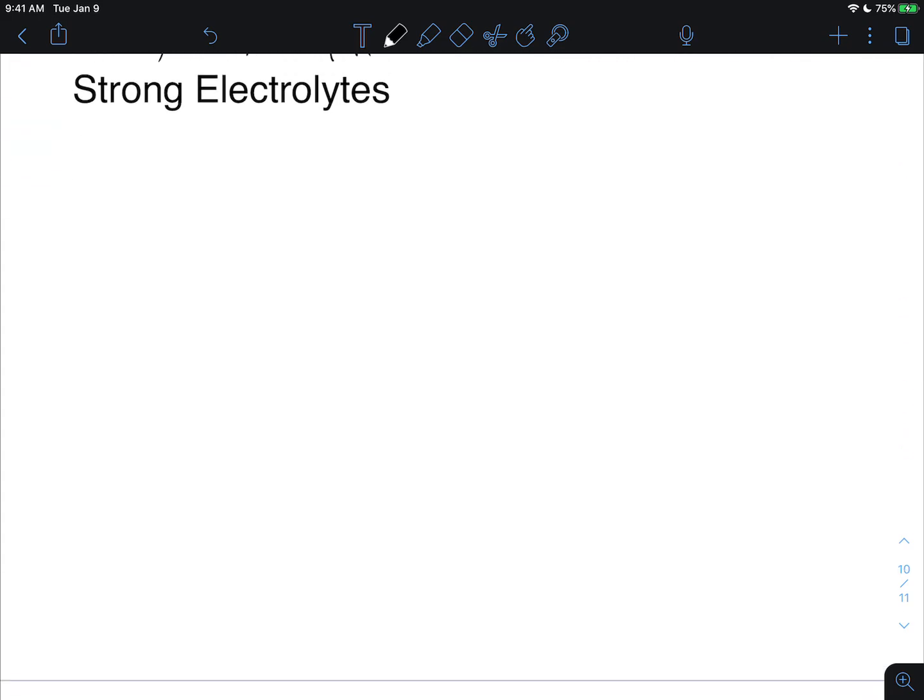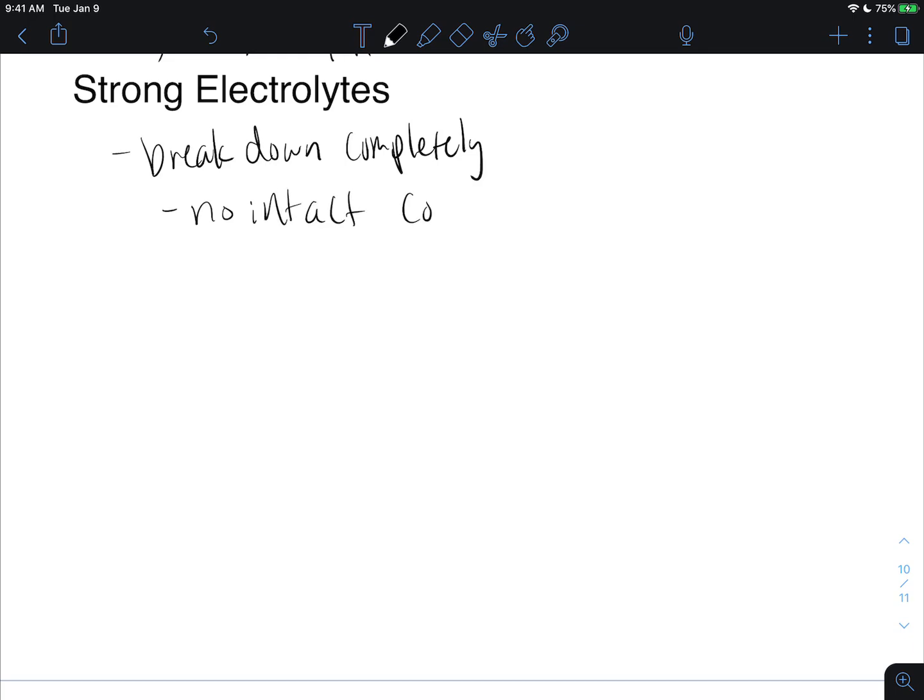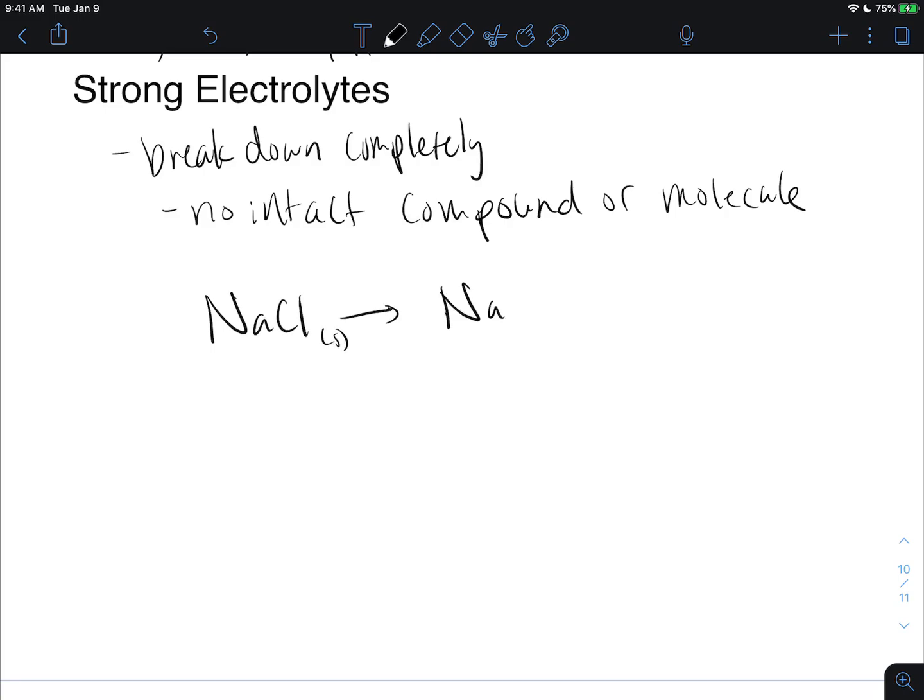To ions. So there is no intact compound or molecule. So when we take something like sodium chloride, it's going to have a one-way arrow breaking down into sodium ions and chloride ions when we put this into water.